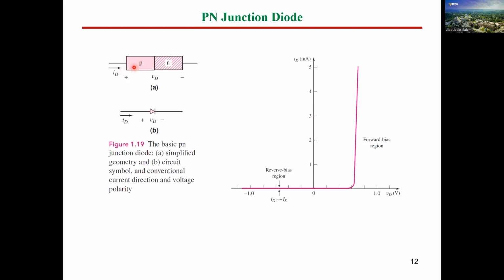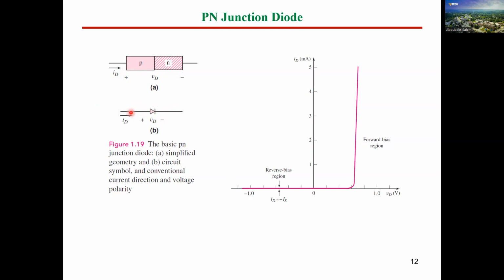Okay, so this is a PN junction diode. So now the diode is nothing but P and N together. The current flow is going to be all of the time from the P to N type, and the P is called anode and N is called cathode. So the positive or P type terminal is referred to as anode, and the N type is referred to as cathode.